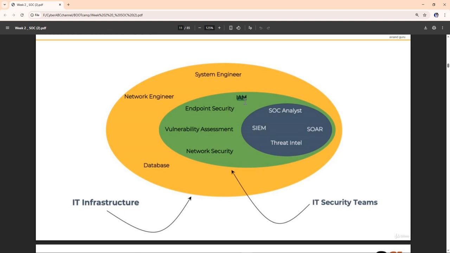So when you go to a site and you create your username and your password, or retrieve your password, these are the guys that take care of it. They are the ones who make that happen. Then we have the endpoint security guys who take security down to the endpoints of applications. We also see the vulnerability assessment team, the network security team, and also database engineers, network engineers, and system engineers.